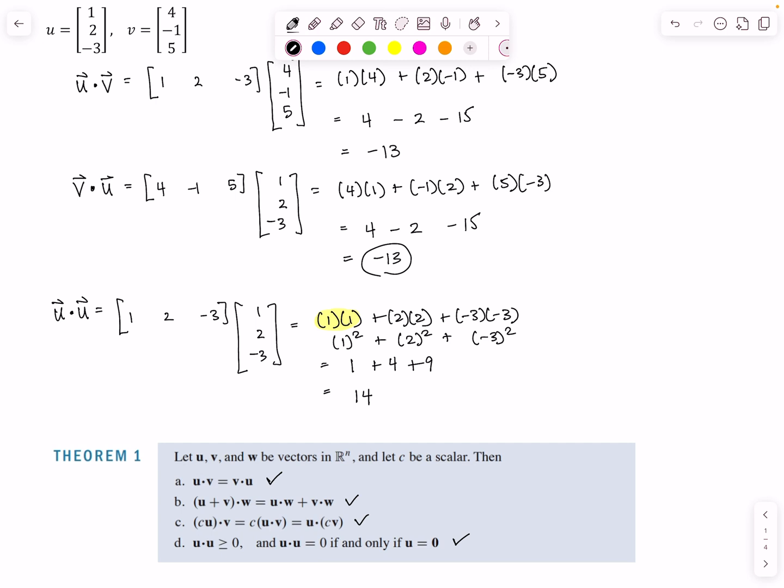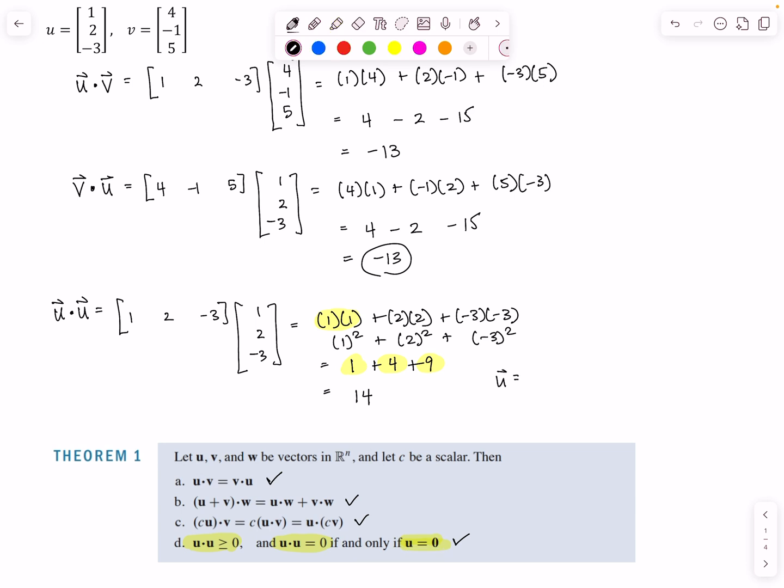Whenever you take any number, positive or negative, and square it, you always end up with a positive. So whenever you're dotting a vector with itself, you're always going to get either a positive number or 0, and the only way you can get 0 is if every entry is 0.